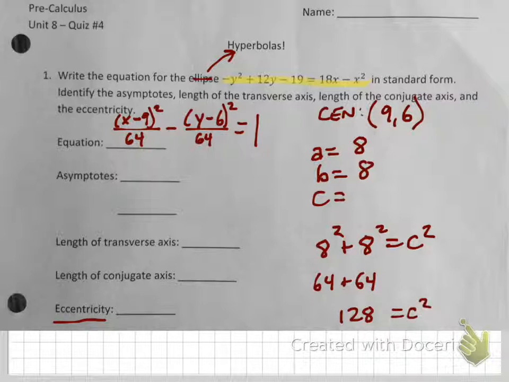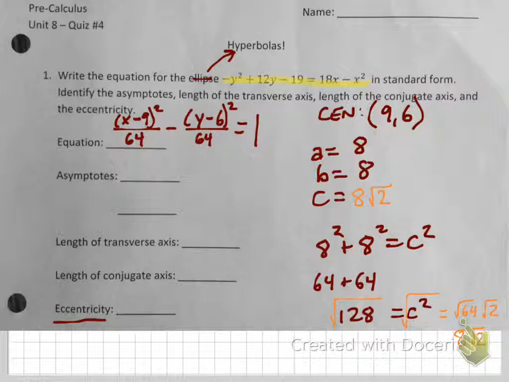So we want to get just c, square root both sides of that. So c is the square root of 128, which if we factor out a 64 from that, so that's root 64 times root 2, that's going to be 8 root 2 for our c value.